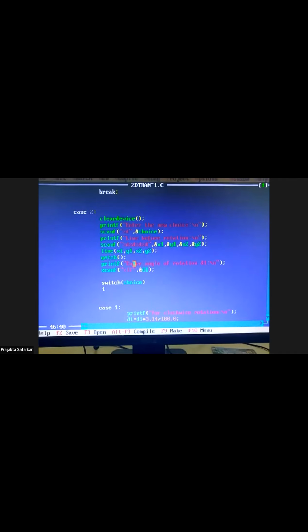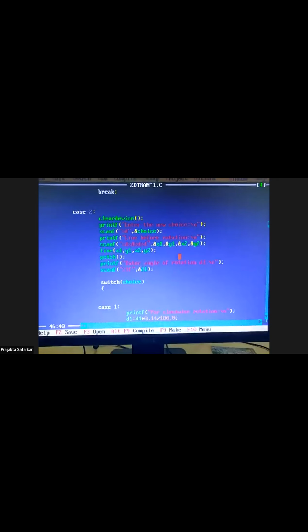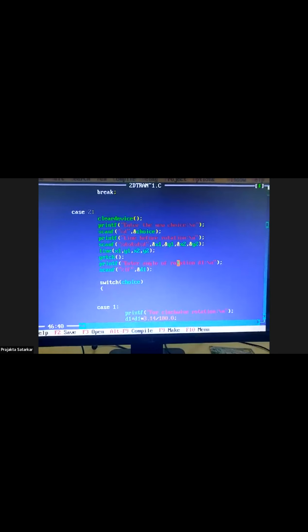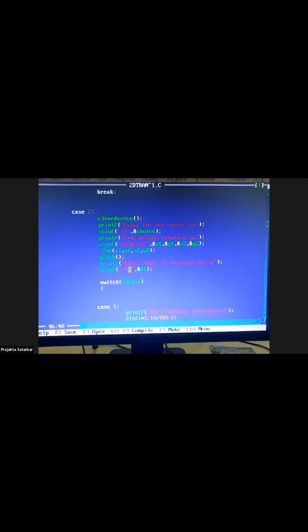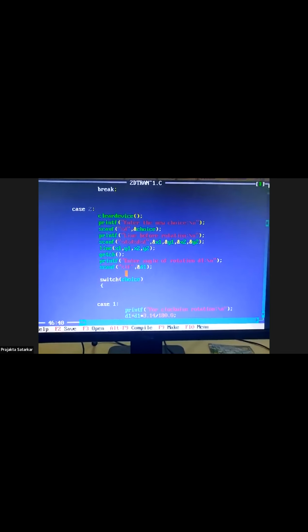After that, I will get the angle of rotation from the user side. The user will enter by how much you want to rotate the object. That is the D1 angle, taken as long float because we need to convert it into radian.